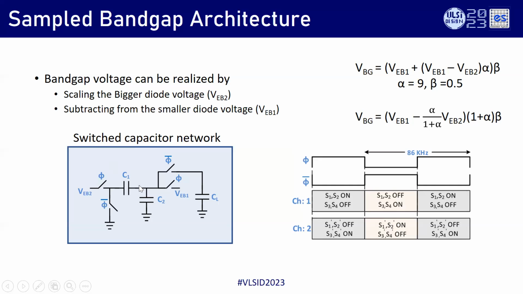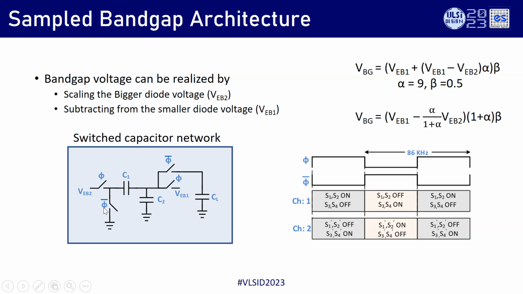So what is happening with VBE1 and VBE2 is, in one phase, we are charging capacitor C2 to VBE1 and C1 to VBE2 minus VBE1, and that is the first phase, so that all the capacitors are charged with these voltages.